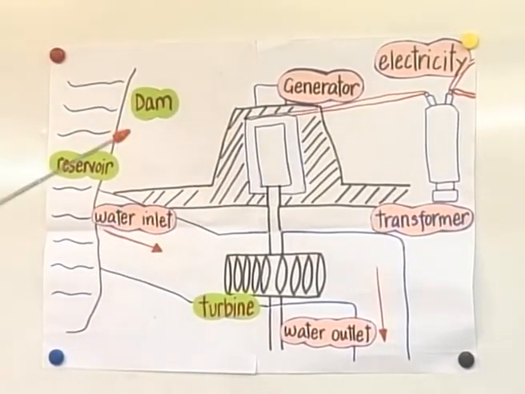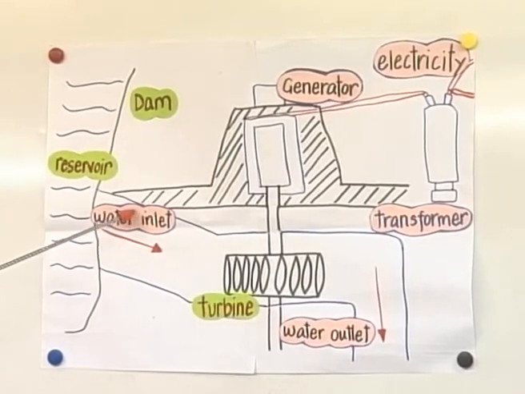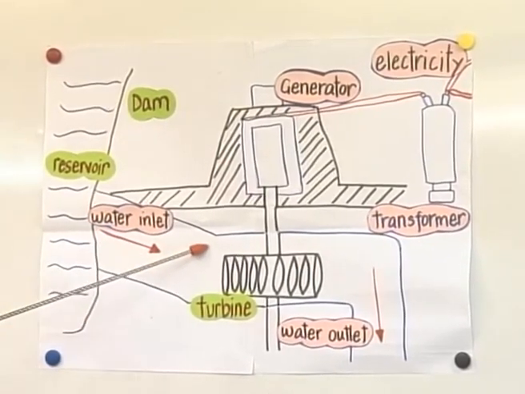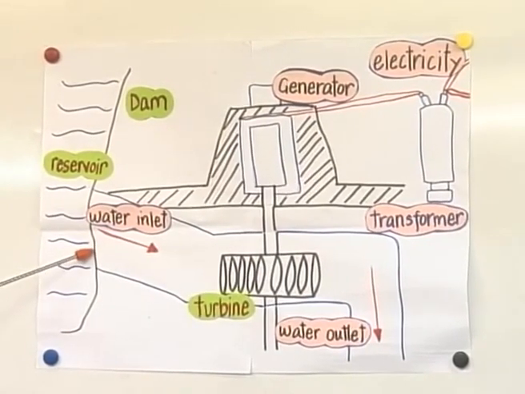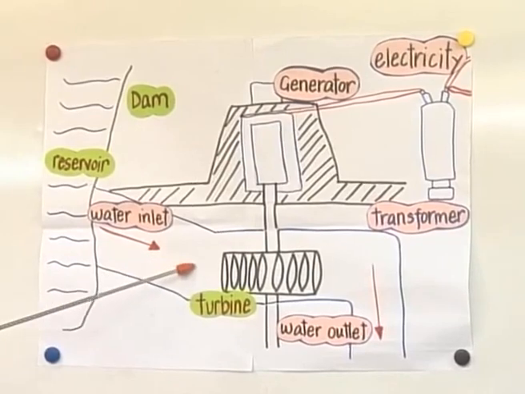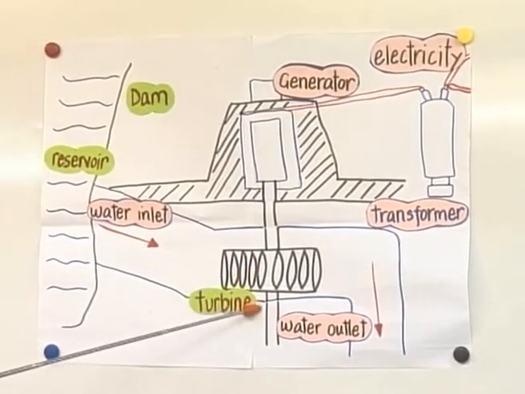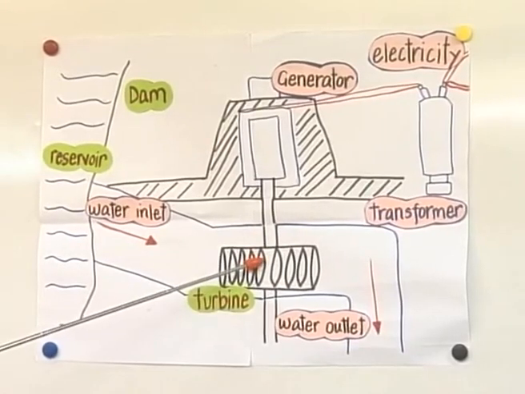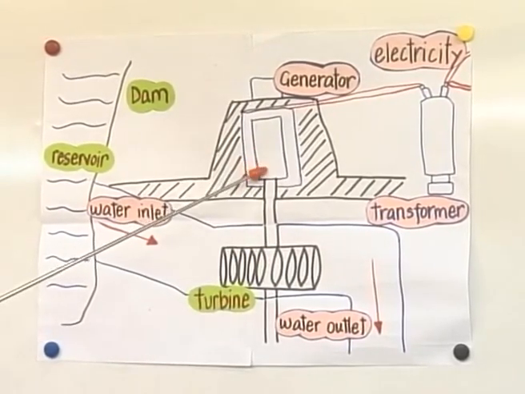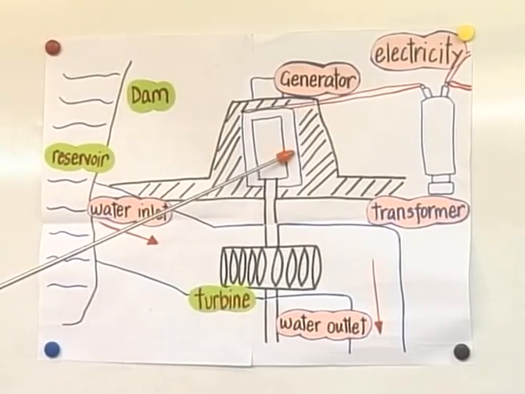This is where the water inlet is, where water flows through from the reservoir down to the turbine, or water turbine, which moves in order to start the generator.